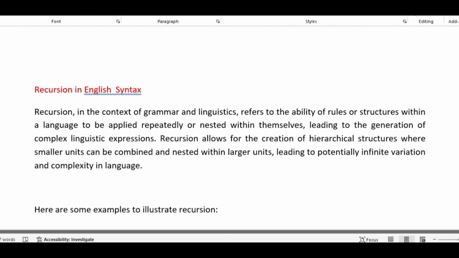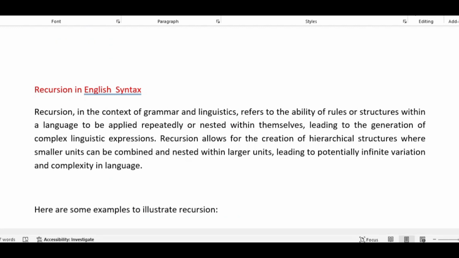Recursion in the context of grammar and linguistics refers to the ability of rules or structures within a language to be applied repeatedly or nested within themselves, leading to the generation of complex linguistic expressions. It means the repetition of expressions, the phrases or words that give the same sense as the first word or phrase.